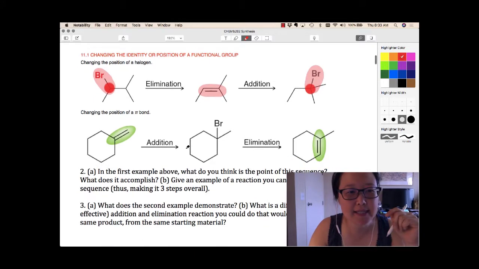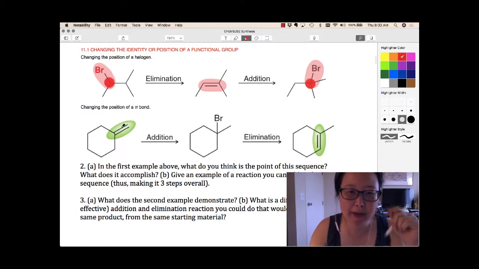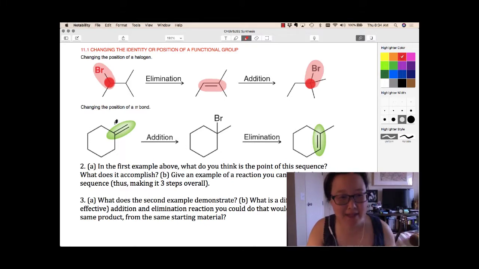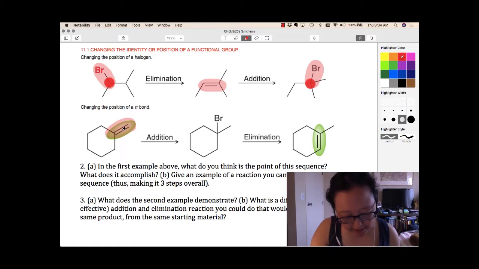The other thing is here, changing the position of a pi bond. So instead of making a pi bond, how do we start with the pi bond? Well, we started with the pi bond here, right? So we can start with the pi bond and then go backwards, do the addition, and then do an elimination. And notice they're highlighting it for you already, but I'll just highlight it as well. We've got a pi bond here. I'm changing the reactivity to this carbon so that I can later have some reactivity at this carbon down here.